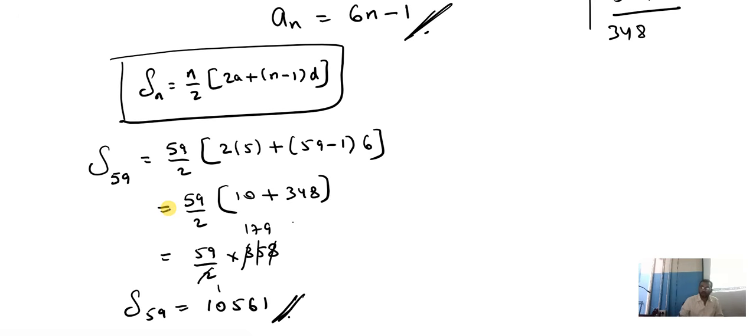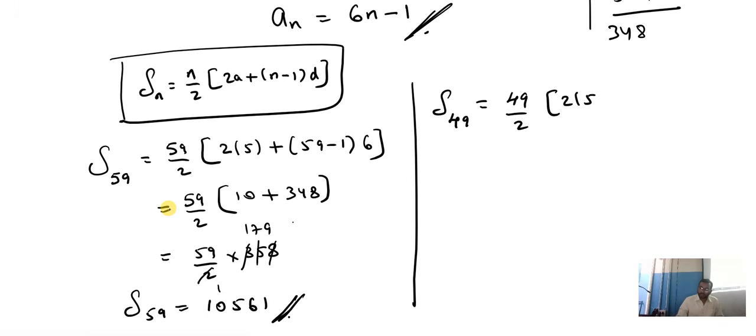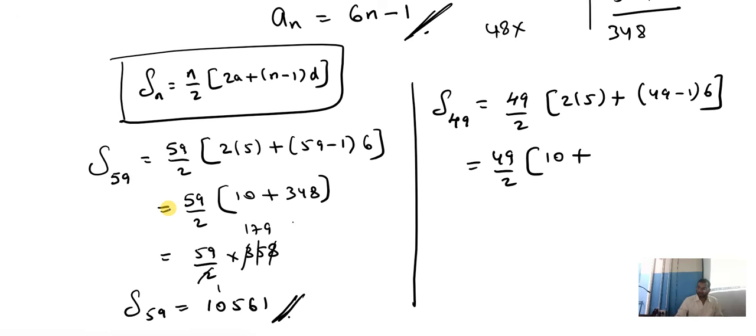Correct, no? Now, separately we find the sum of first 49 terms. Correct, no? Sum of first 49 terms. Same thing: 49 by 2 into 2 into 5 plus 49 minus 1, d is 6. 49 by 2 as it is. 2 5s are 10 plus 48 into 6, which is 288. 10 plus 288 is 298.